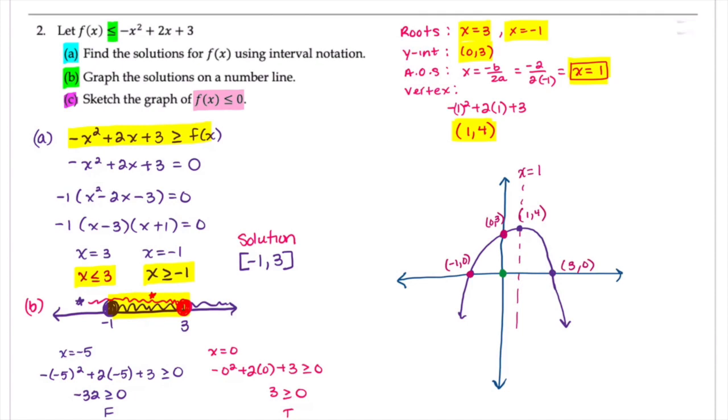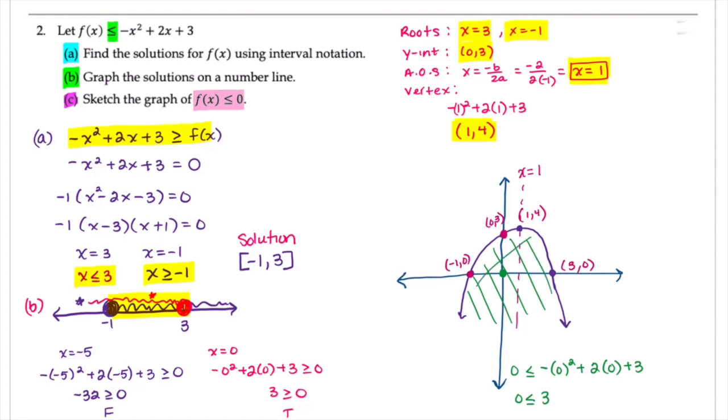So here is my side work. We have f of x has to be less than or equal to 0. So if I input, so is the value 0 less than or equal to 3? Yes, which tells me that we are going to be shading towards that point.